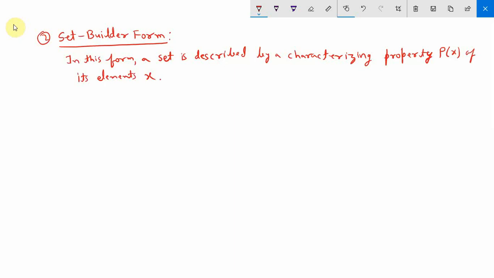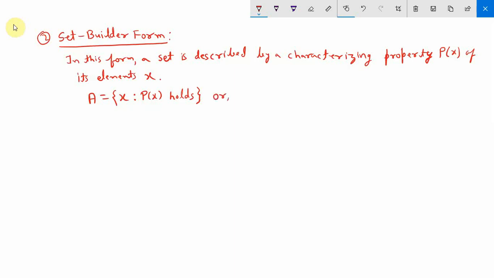So how we write this, if A is a set, we write A equal to {x : p(x)}. Colon means such that, p(x), property of x, holds. Whatever be its property, we write x such that p(x) holds, or p(x) is true.